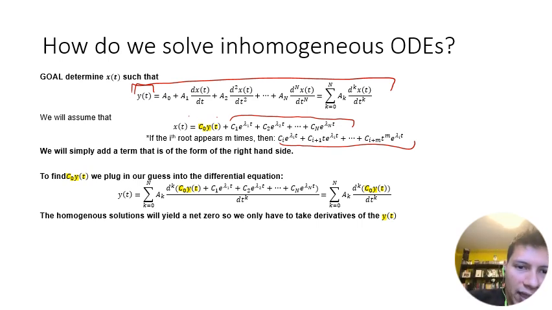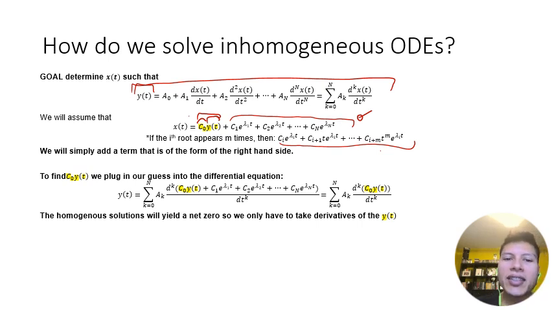Except now we're going to add this extra term with a coefficient C0 that's of the form of y sub t. And remember that to find these, we had to use our initial conditions. Well, we still have to use our initial conditions to find those, but now we have an extra coefficient. And so we're typically not going to have enough initial conditions to figure out what C0 is.